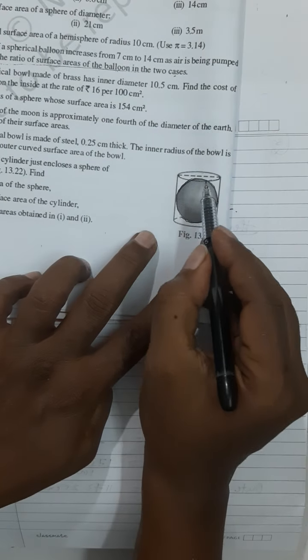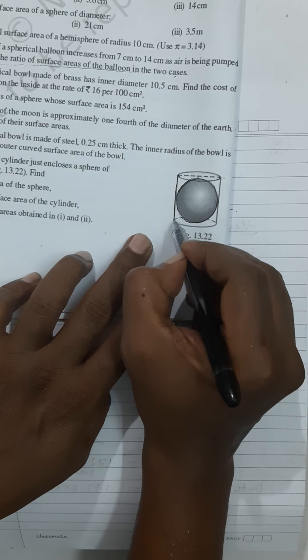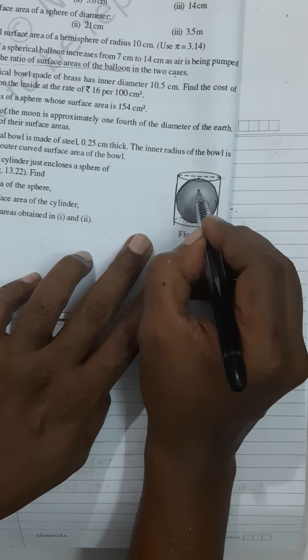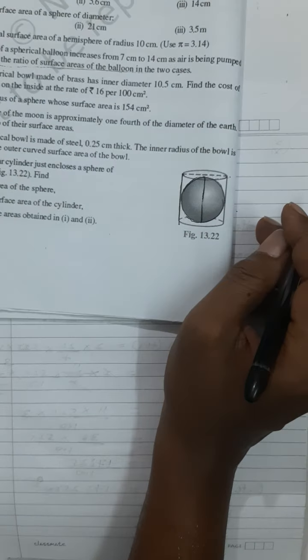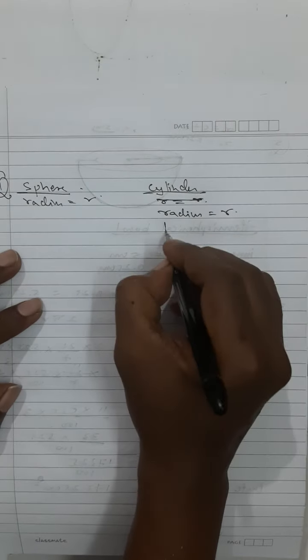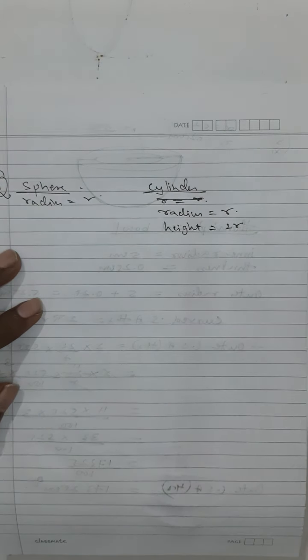This is not going to change in any way. Radius of the cylinder is also going to be r. But what about the height of the cylinder? Height of the cylinder will be the diameter of the sphere. Are you getting? So, height of cylinder will be 2r, diameter.